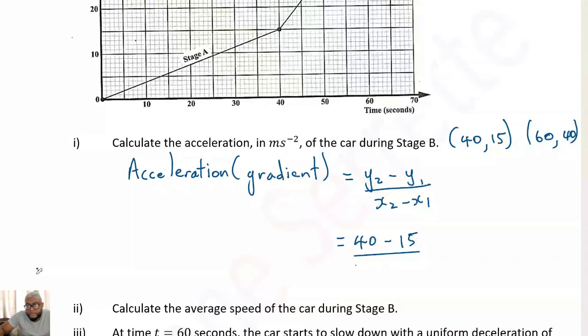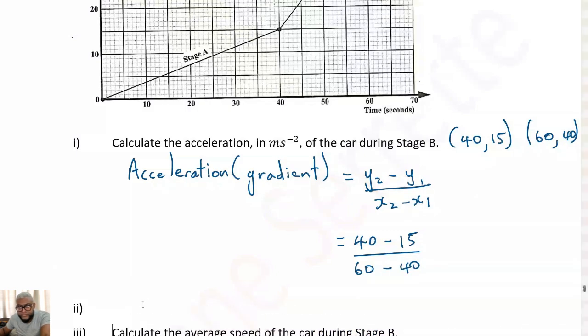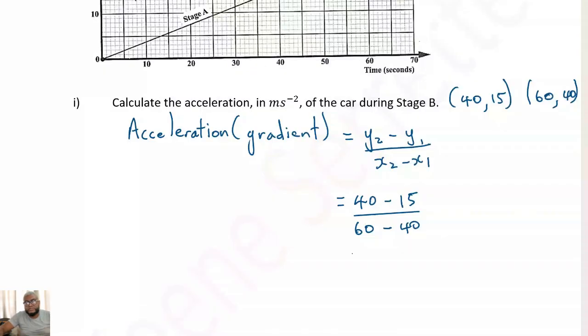X2 will be 60, sir. X1, Kimani. 40, sir. 40. All right, so Priya, where do you get to when you work on the top and you work on the bottom? 25 over 20. Excellent. 25 over 20. And when we break this down, what would we get here? Give me that as a decimal.